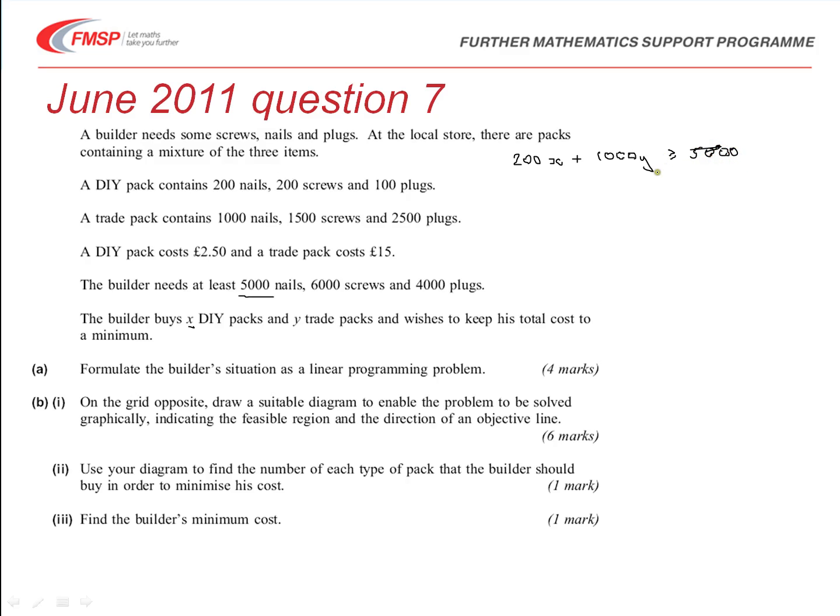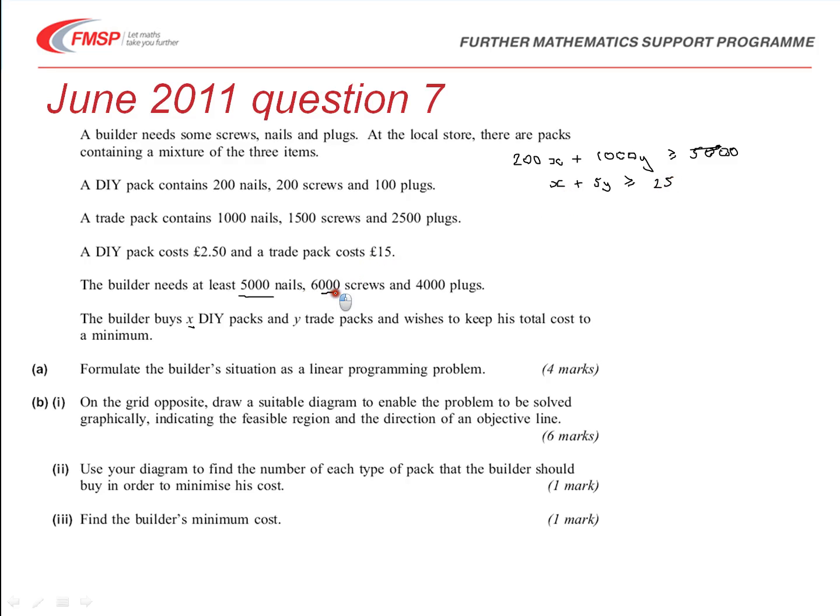So if we divide through by 200, that will tell us that X plus 5Y must be greater than or equal to 25. So there's our first inequality.